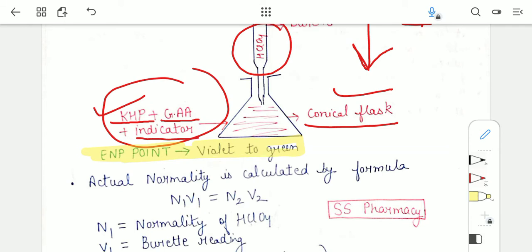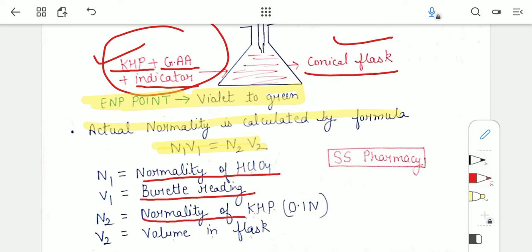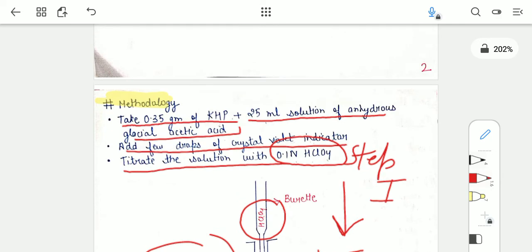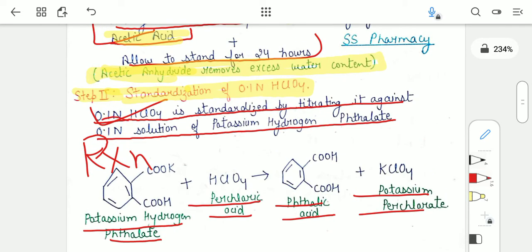Now we will calculate the actual normality. The actual normality is calculated by the formula N1V1 = N2V2. Here N1 is the normality of perchloric acid, V1 is the burette reading, N2 is the normality of potassium hydrogen phthalate, which is 0.1 normal, because in step 2 the potassium hydrogen phthalate which we have used was taken as 0.1 normal.